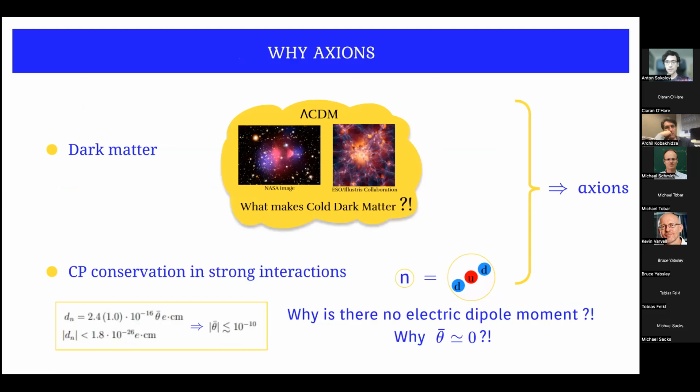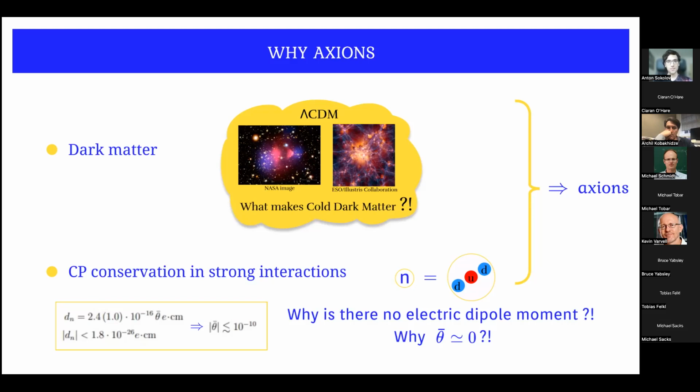So let me start. Why consider axions? Actually, axions are very well-motivated candidates beyond the standard model physics because they can explain the mystery of the lambda CDM model and of present-day cosmology and astrophysics, which is dark matter.